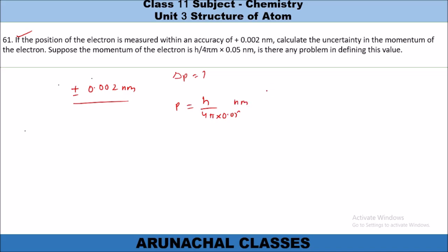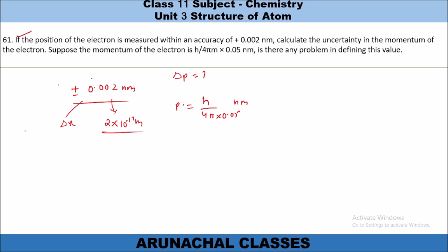Now, is there any problem in defining this value? The position of an electron is measured with an accuracy of plus minus 0.002 nanometer. It means the uncertainty in position is 0.002 nanometer, so it will be 2 multiplied by 10 power minus 12 meter.